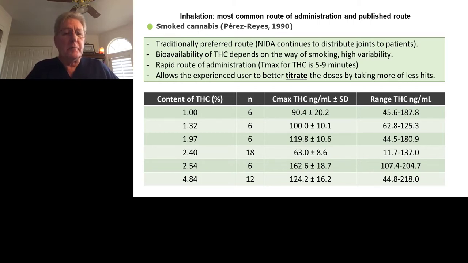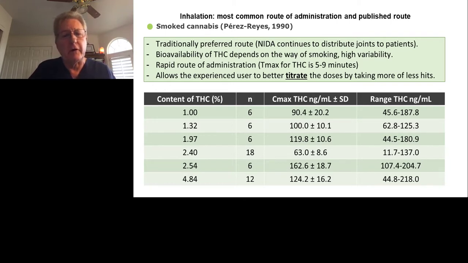Now, bioavailability of THC depends on the way of smoking, and there are a number of different ways to inhale. And what's remarkable is even with control of content, temperature, inhalation volume, and length of time the breath is held, you still see between a 6 and 12-fold difference.